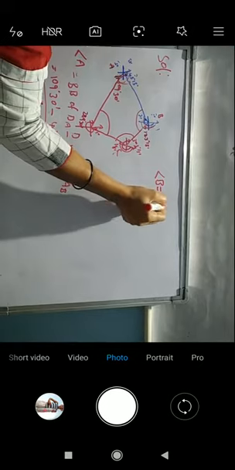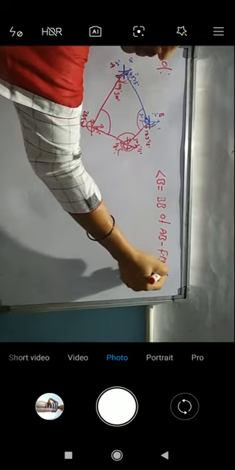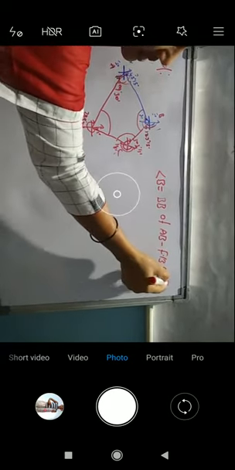Okay. So angle B is equal to back bearing of AB minus forebearing of BC.